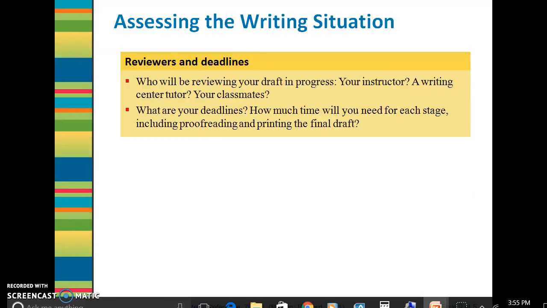And definitely you want to consider who is going to be reviewing your paper in the drafting process. Your peers will be reviewing your papers during peer review, editing reviews and things like that. Perhaps you go to a tutoring center or the TRIO Center for some tutoring.